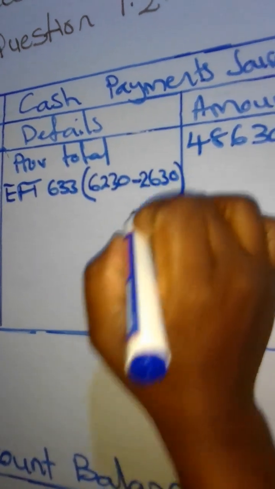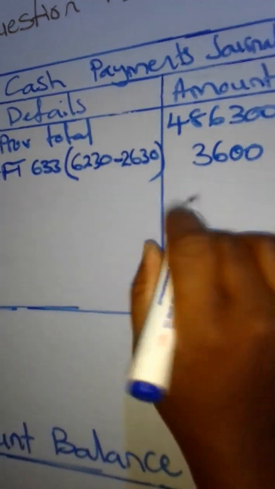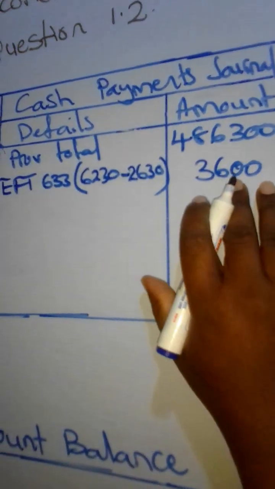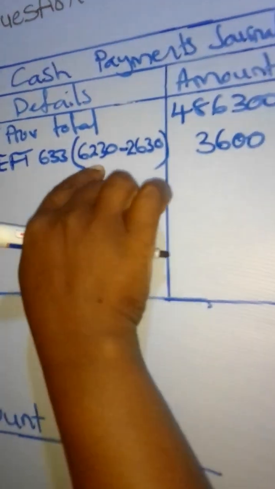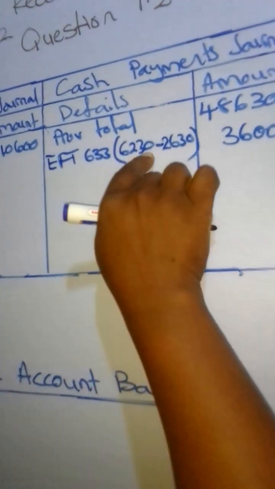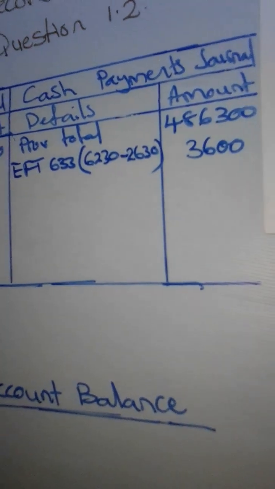It will give us 3,600. We have updated it. It was a lesser amount recorded. Now we've updated it so that it can actually be 6,230 also in our cash payments journal, just like in the bank statement.